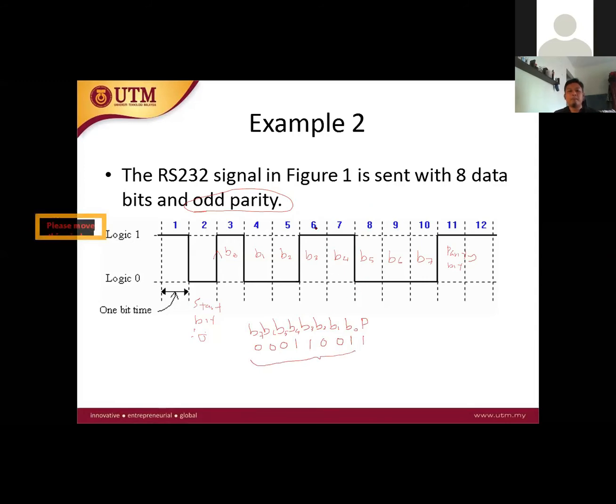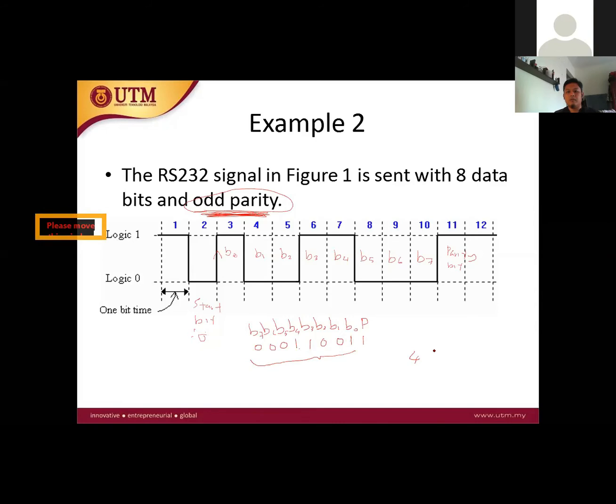Okay, and let's check whether the data is valid or not valid. The rule that we set at the beginning is odd parity. So we need to figure out the number of 1s. In this case 1, 2, 3, 4.